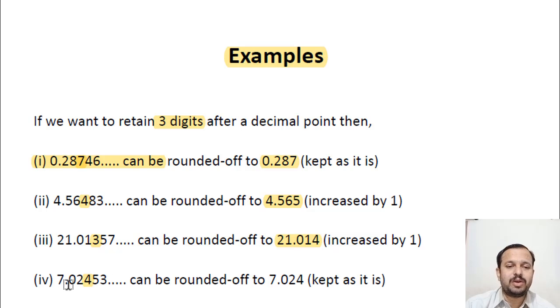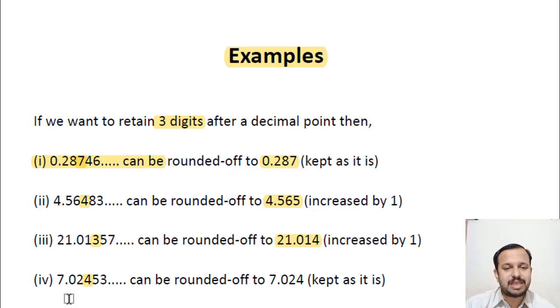Similarly, when we look at this fourth example, the last digit to be retained is 4 and the digit next to that is 5. So when the digit next to the last digit is 5, we have to look at the last digit itself. If it is odd, it is to be increased as we have done in the previous example.